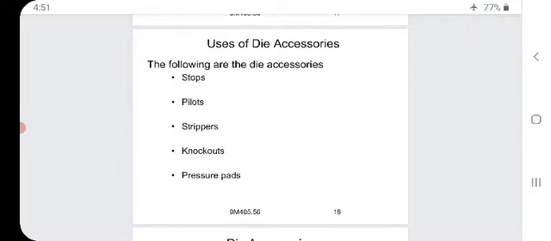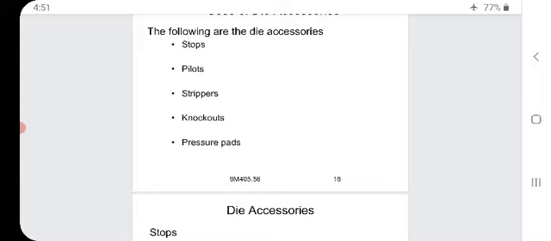The following are the die accessories: stops, pivots, strippers, knockouts, and pressure pads.